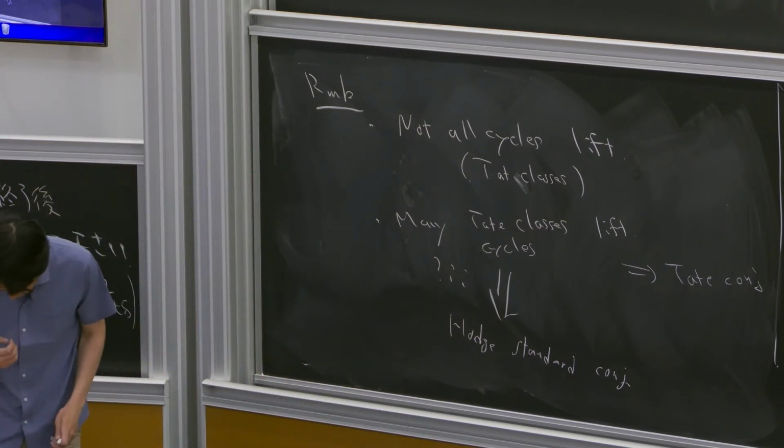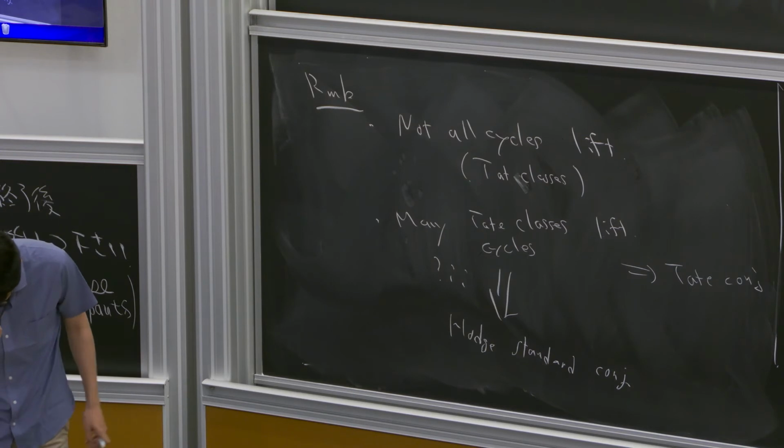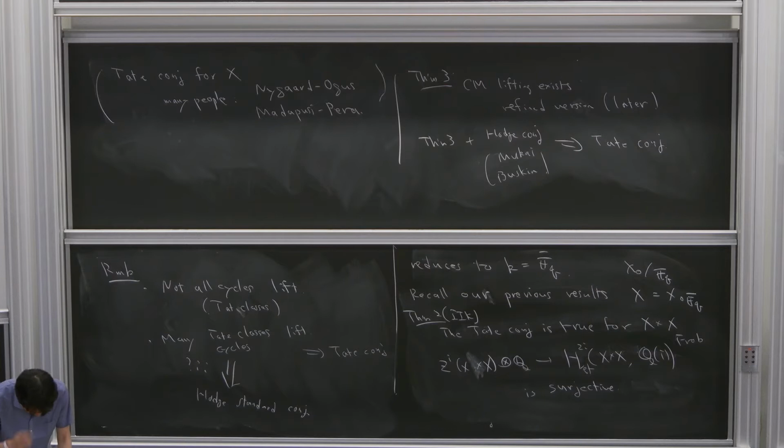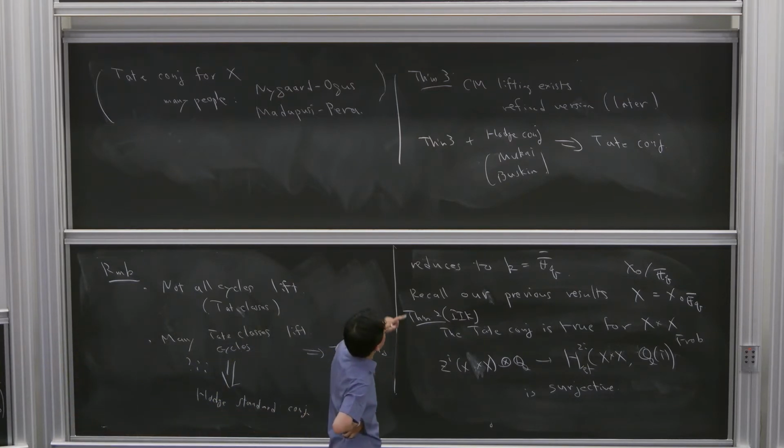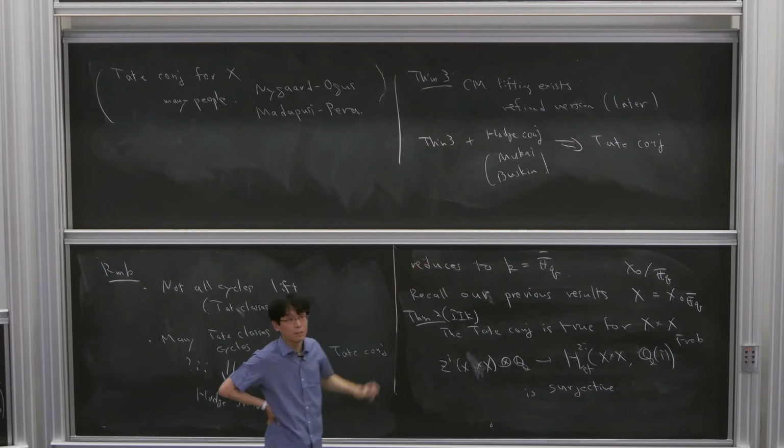So I need to make some deduction, and that's new in this proof, or something I did not realize when I was working on the Tate conjecture. After I explain the refined version of the lifting results, then you will see what that means.